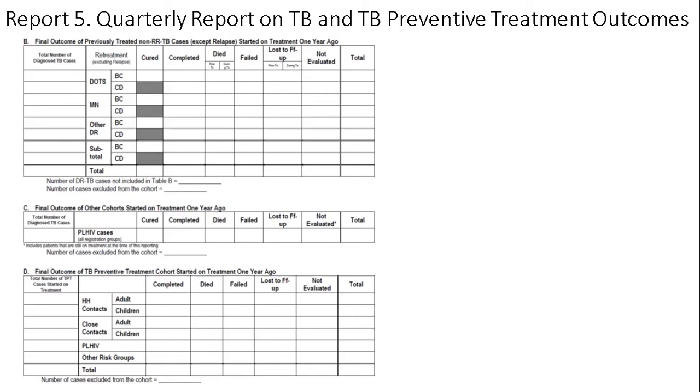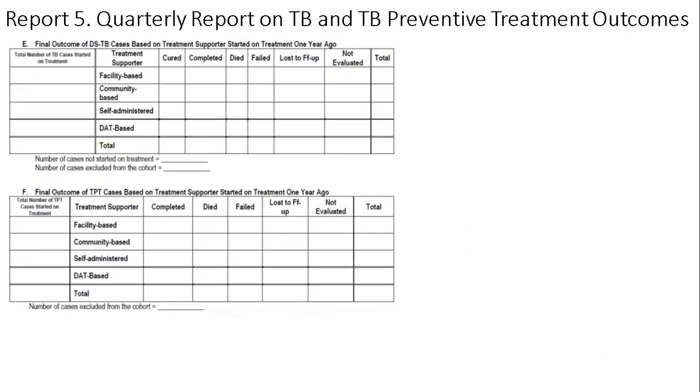Letter D, final outcome of TB preventive treatment cohort started on treatment 1 year ago. Letter E, final outcome of DSTB based on treatment location started on treatment 1 year ago. Letter F, final outcome of TPT cases based on treatment location started on treatment 1 year ago.